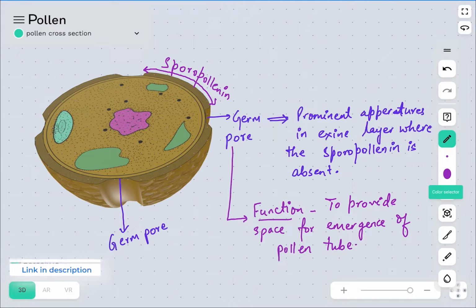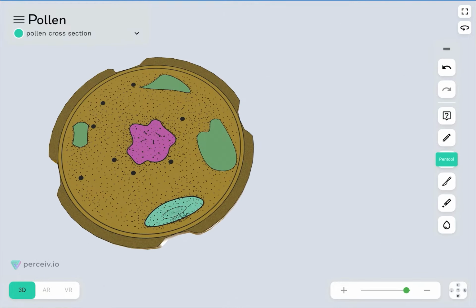Now, this was all about the external features that we have seen in the model. What about the internal structures? We will now talk about that. Initially the pollen grain is considered to be one cell.